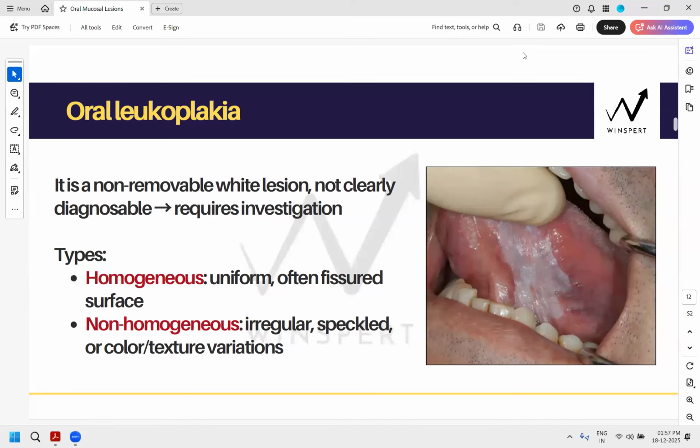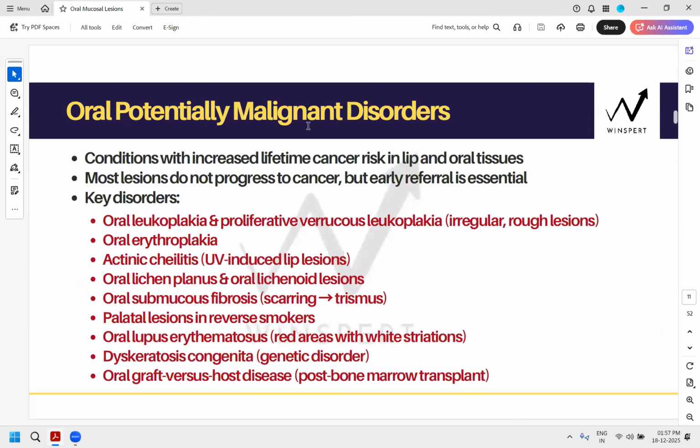Now let's do one thing. Every time we do any lesion, moving forward in all three series, we will categorize the lesion into a broad category. Everybody knows the four categories now, right? Let me give you a quick brush up. One category is oral potentially malignant disorder, whose management we know.